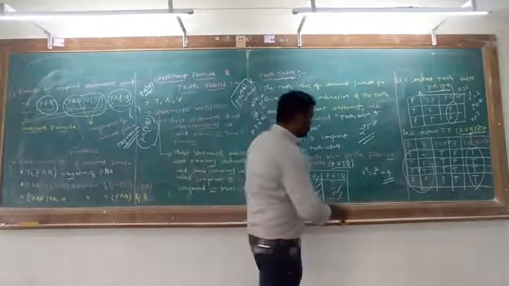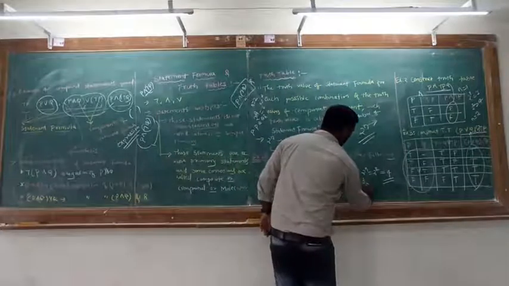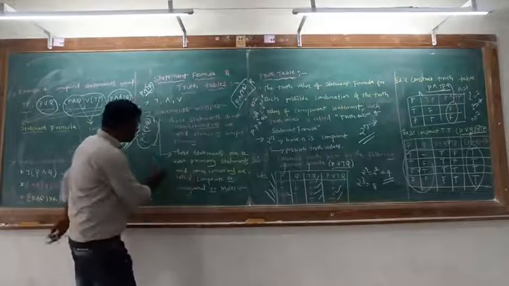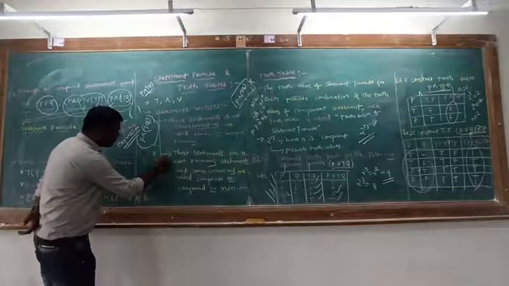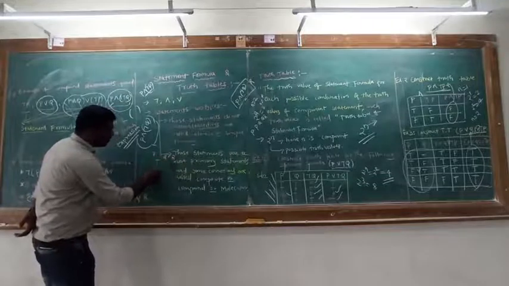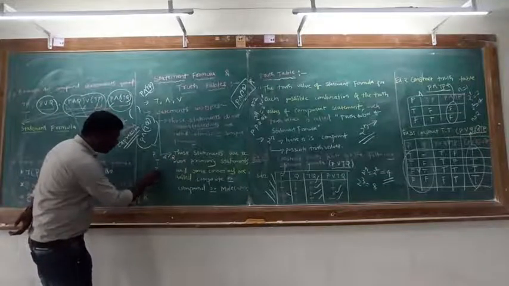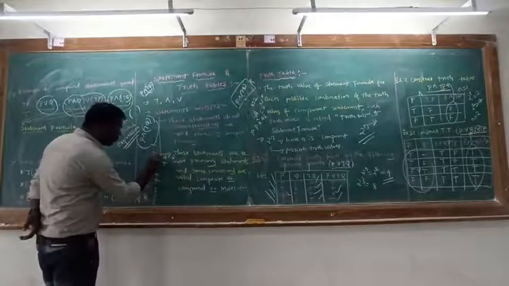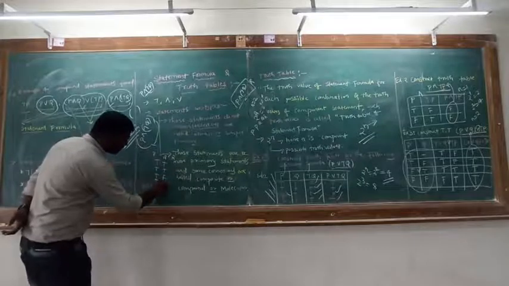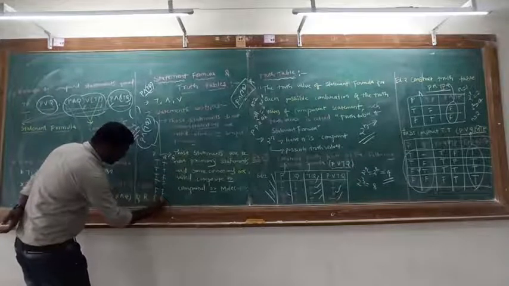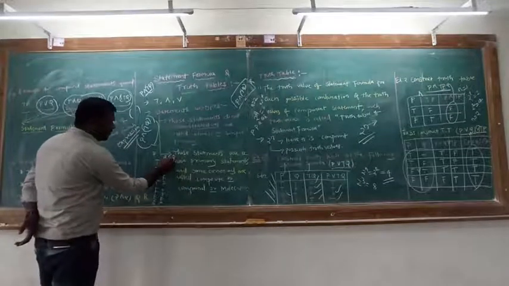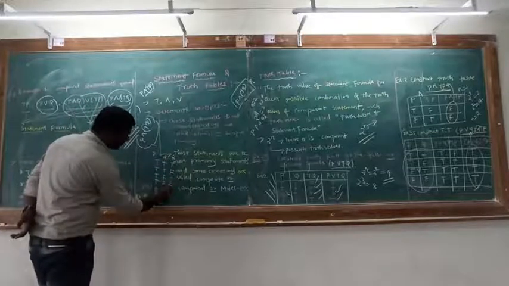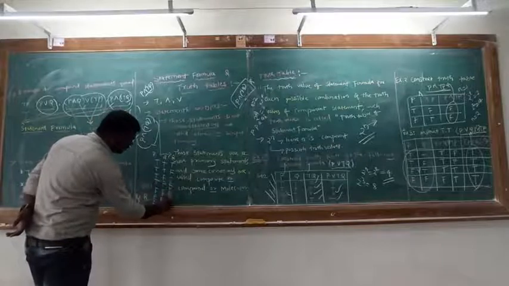Suppose you have 2 raised to 3 components, you will have 8 possibilities. So 8 means, for P, Q, R, three variables: 4 true, 4 false for P, and here 2 true, 2 false for Q. For the third component it alternates: true, false, true, false, and so on.